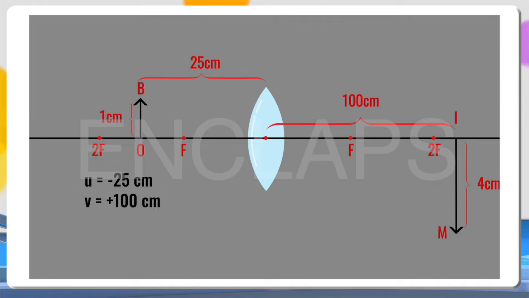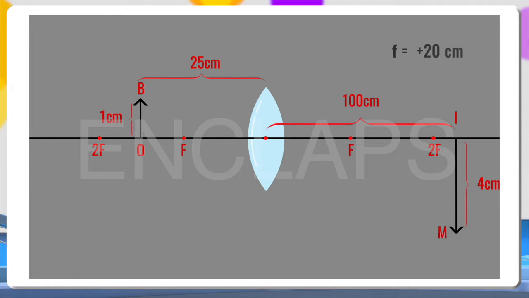Here, the object is placed above the x-axis. Therefore, the height of the object OB is equal to plus 1 centimeter. The image is formed below the x-axis. Therefore, the height of the image IM is equal to negative 4 centimeters.